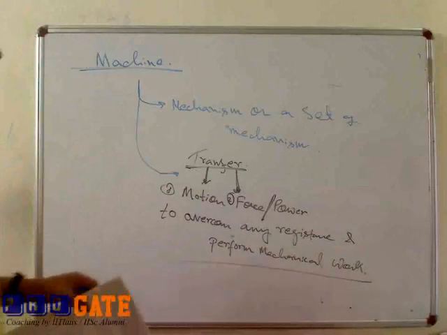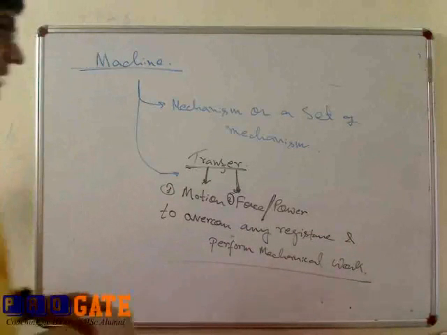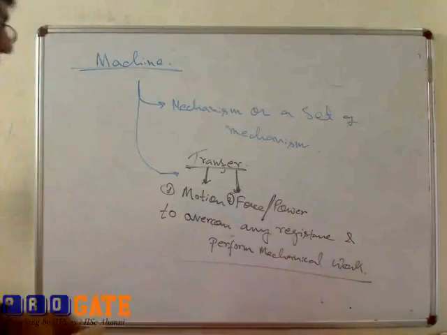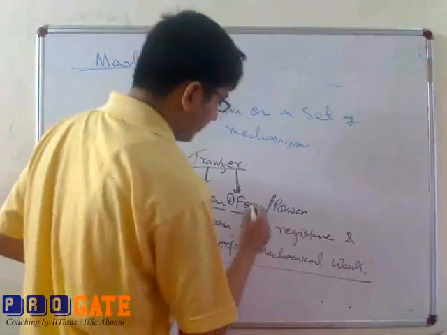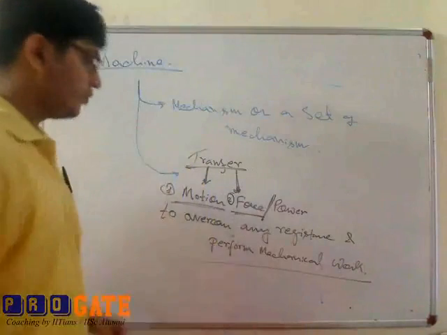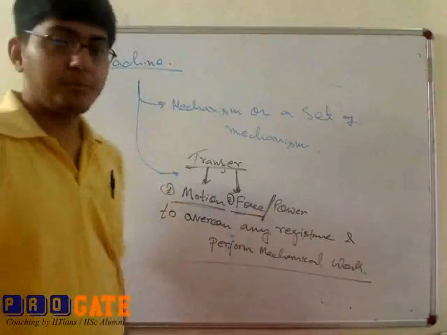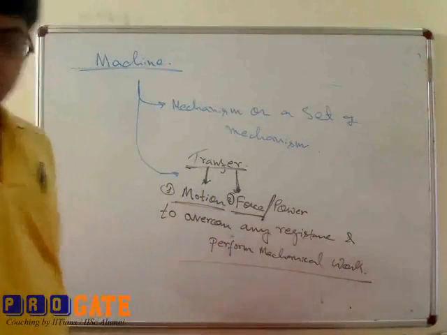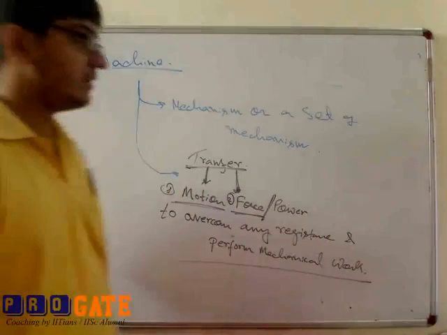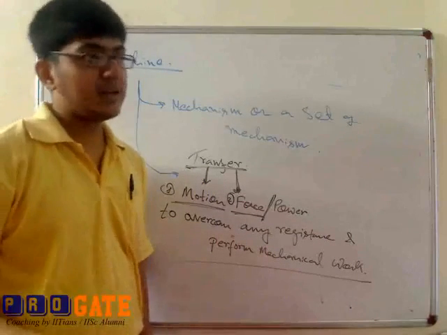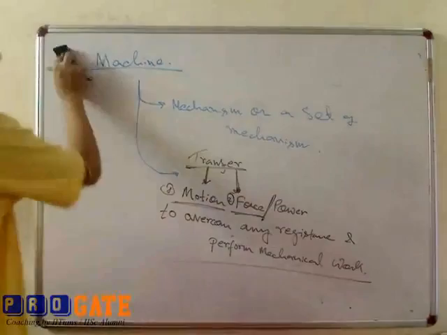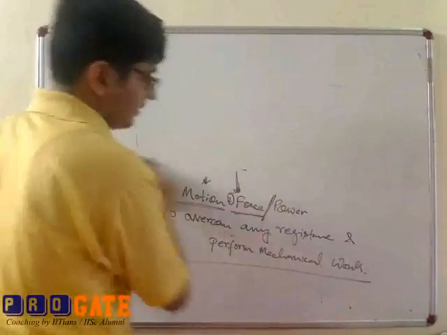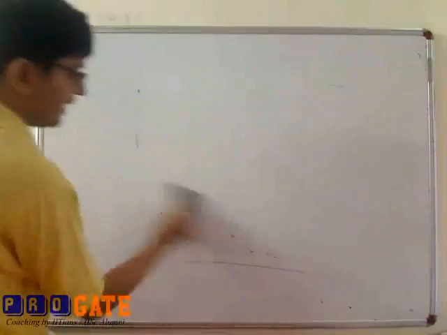A machine is one mechanism or a set of mechanisms by means of which you can transmit both motion and force, or power, to overcome any resistance and perform mechanical work. In other words, a machine is an element which converts one type of power to another type of power. So consider the screw nut mechanism.